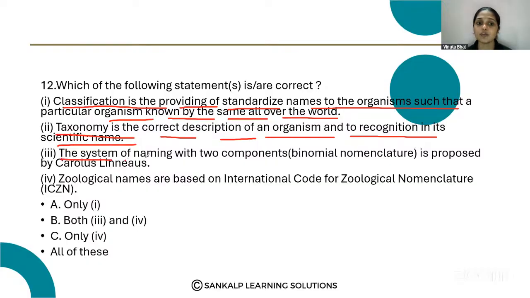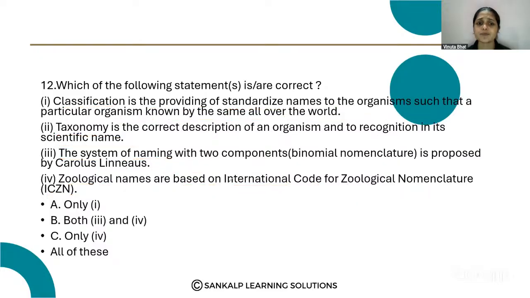The system of naming with two components is proposed by Carolus Linnaeus. Zoological names are based on the International Code for Zoological Nomenclature, that is ICZN.